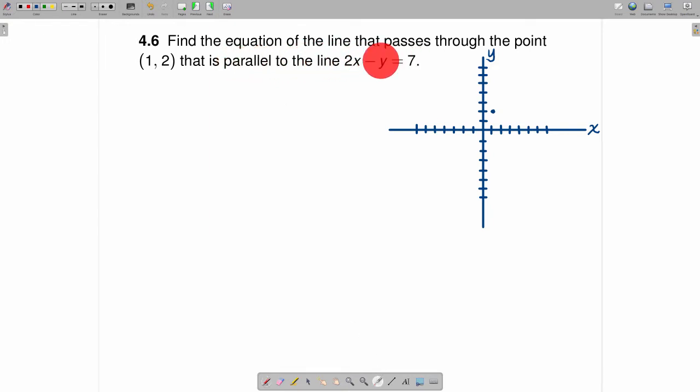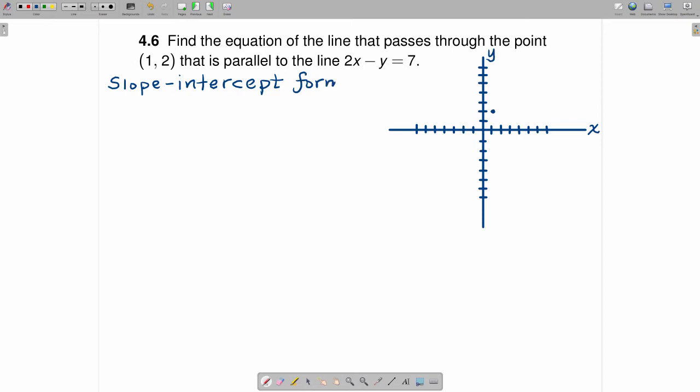Now the second thing we want to do is figure out what the slope is of the line 2x minus y equals 7, because the line that we're going to draw is going to pass through this point, but it's going to have the same slope as this line it's parallel to. In order to do that, we'll need to take this equation and write it in what is known as the slope-intercept form of a line.